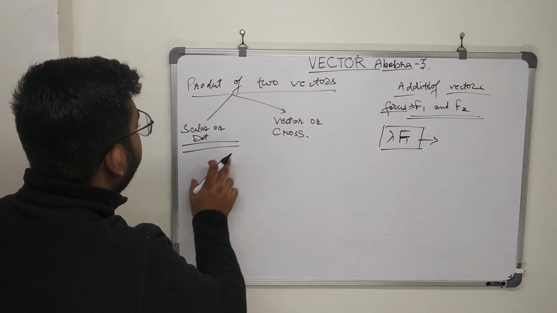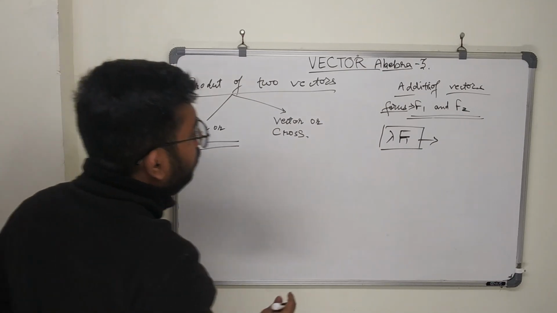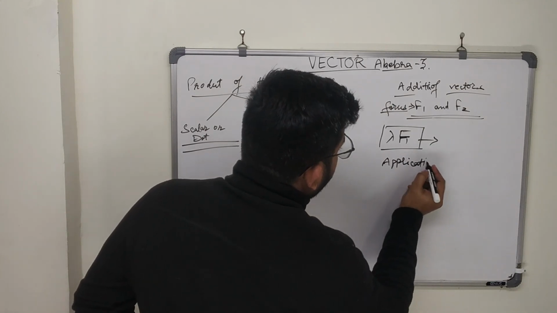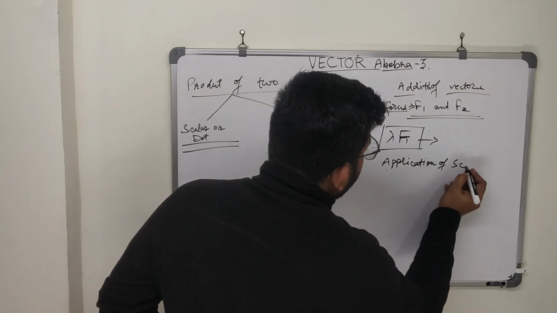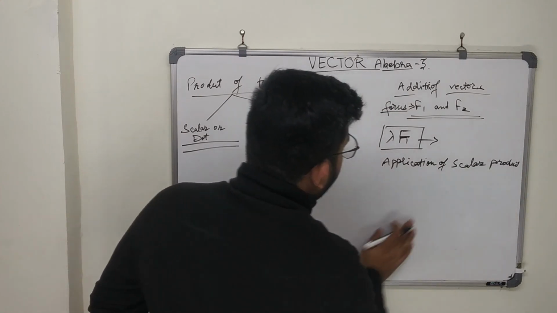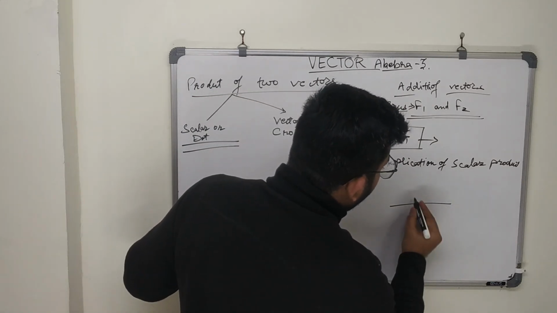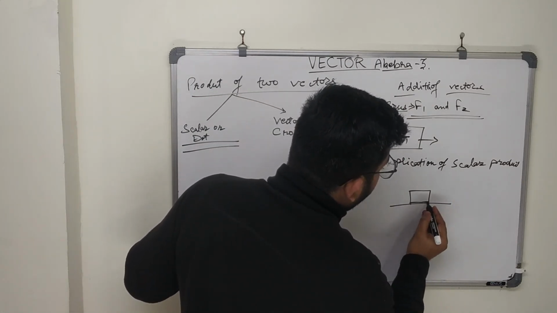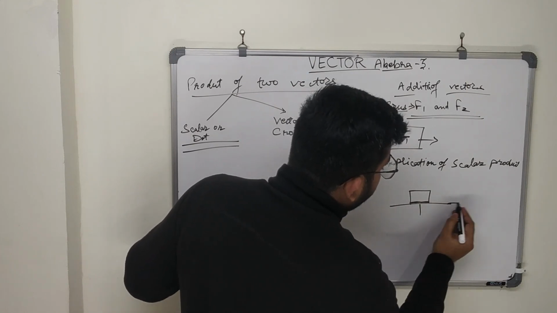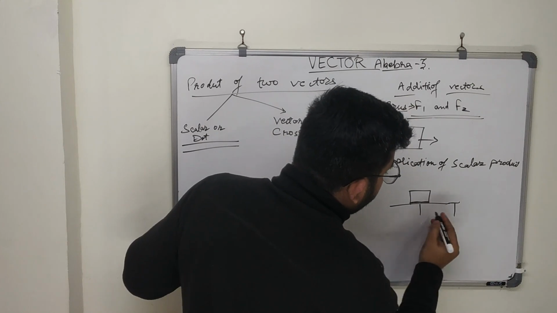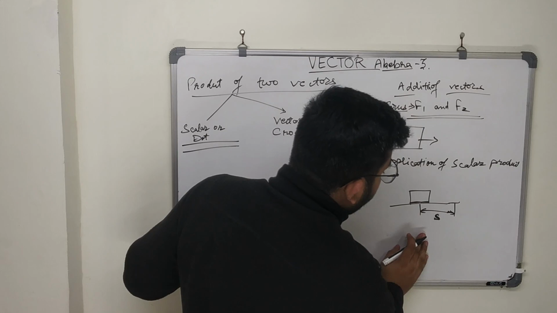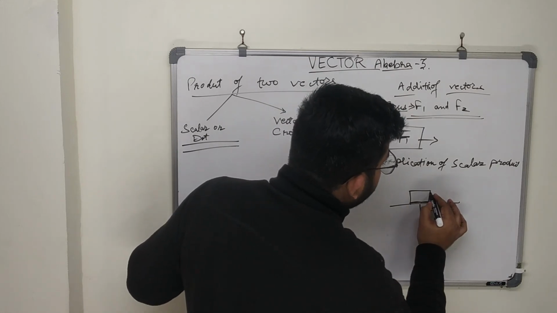So we will now explain one of the application of scalar product, that is, मान के चलिए there is a block of iron और हमको इसको किसी एक डेफिनेट डिस्प्लेसमेंट S से आगे बढ़ाना है, and there is a force acting upon it. Suppose this is a force.